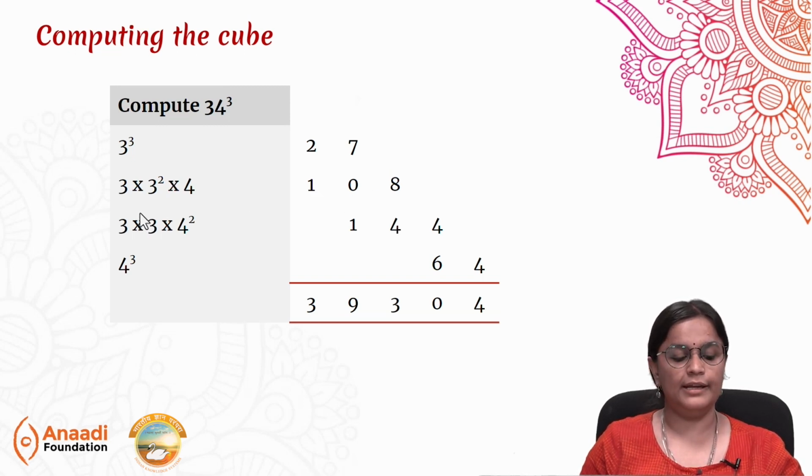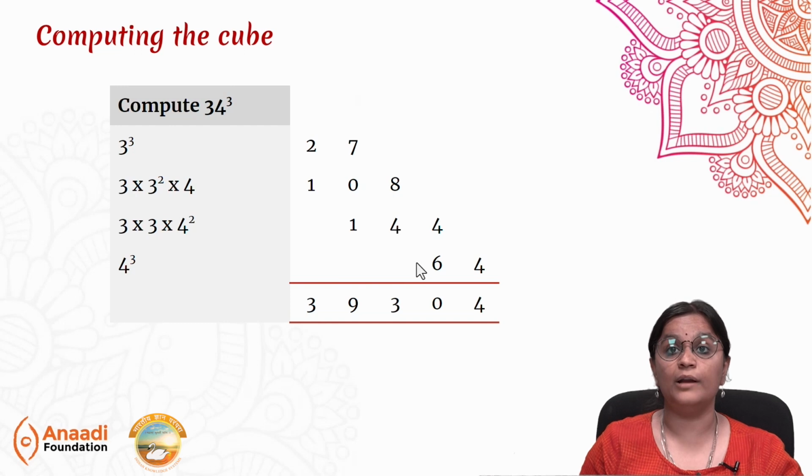Next, we try finding 3AB square, which is 3 into 3 into 4 squared, which is 144. Again, notice how we have slid our numbers one more place to the right and written 144 in this particular way. With each step, we are moving our units digit towards the right. In our final step, we compute B cube, which is 4 cube in our case, and we get 64.